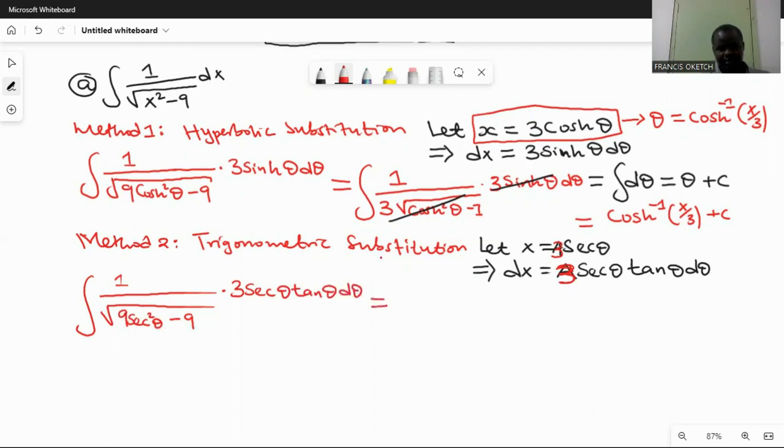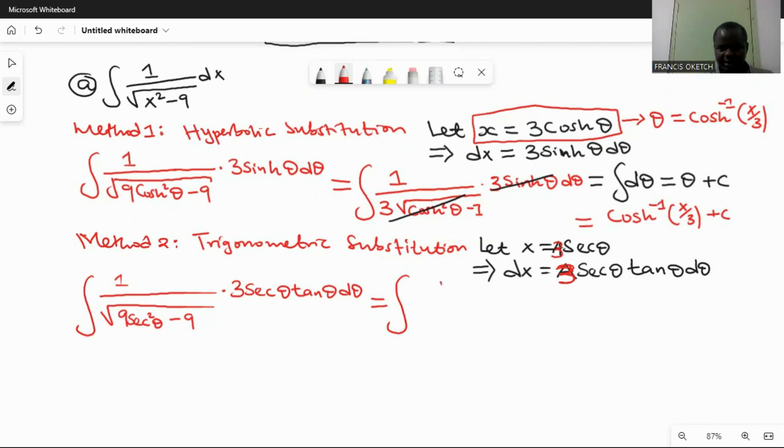You can simplify this so that in the denominator 9 is common, so that can be factored out of the square root sign, so that we have 3 times the square root of sec squared theta minus 1.